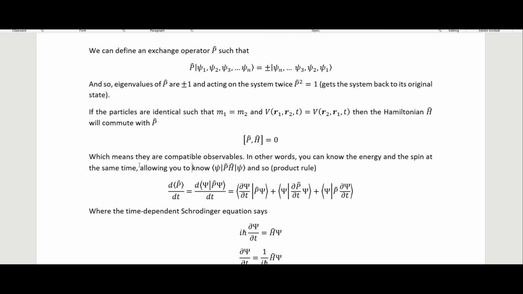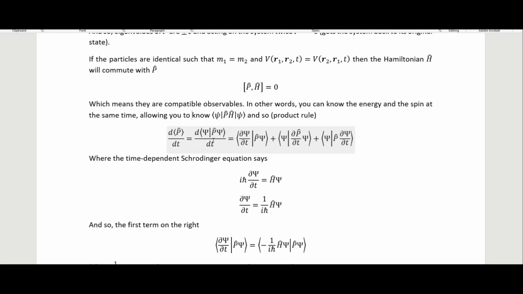And so the product rule. If we want to look at the time dependence of this exchange operator, this p hat here, we are just taking a derivative of this with respect to time. So we do the product rule, and there's quite a bit of math here.